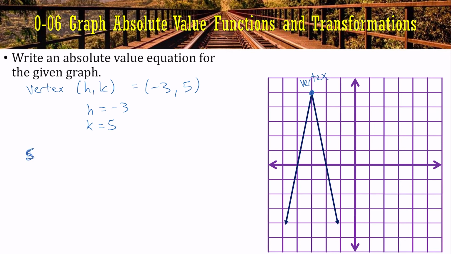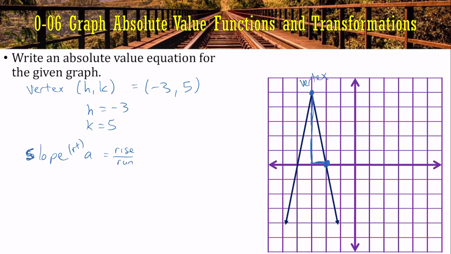The slope was a, and it's the slope of the right side. So if I just count, it's down 1, 2, 3, 4, 5, and over 1. To go from there to there. Down 5 over 1. That's the rise over the run.